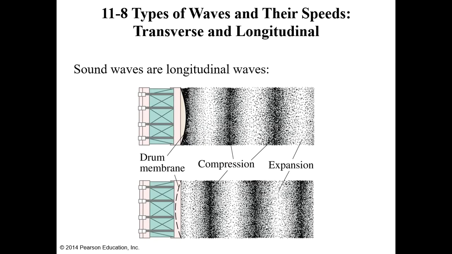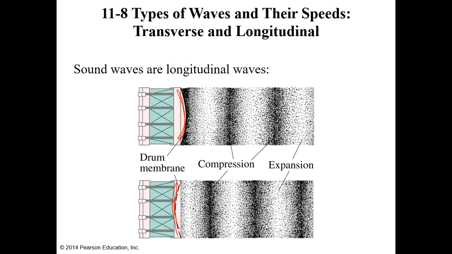Now here's an example of a sound wave. You have a drum where you hit the drum. There's a membrane on that drum which then oscillates from an extended position to a compressed condition. So the drum membrane vibrates.